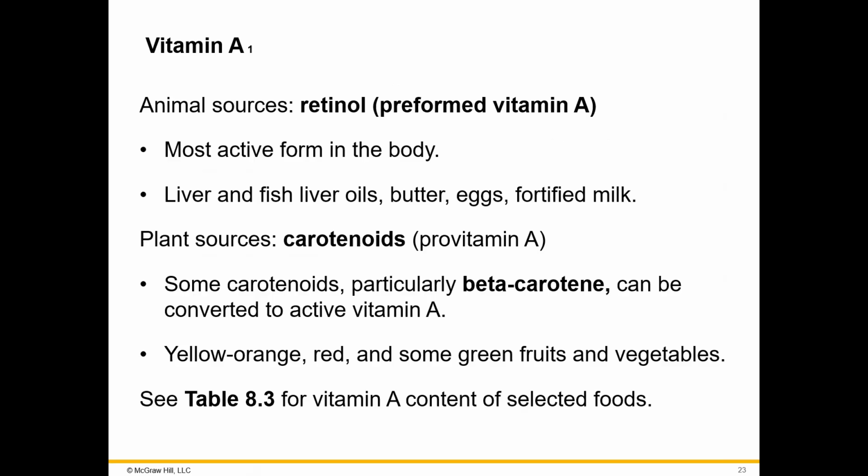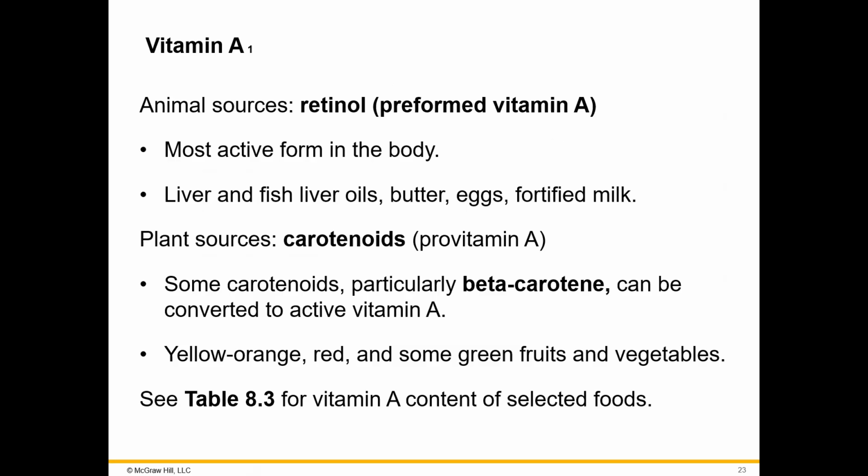You have an animal source and a plant-based source of vitamin A. Vitamin A from animal sources is called retinol, and it's found in animal-based foods, such as eggs, butter, milk, organ meats, that kind of thing. And then you have your plant sources, known as carotenoids. These are your yellow, orange, red, and certain types of green fruit and vegetable sources.